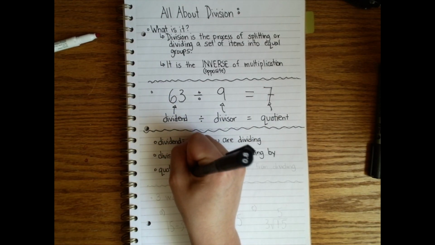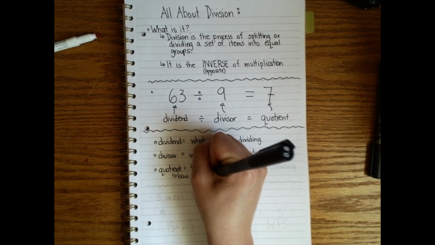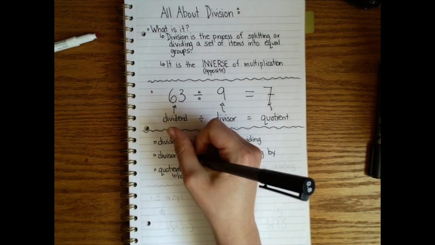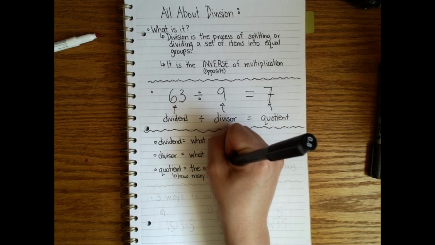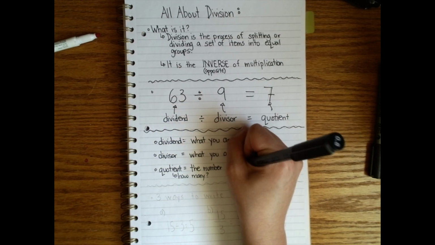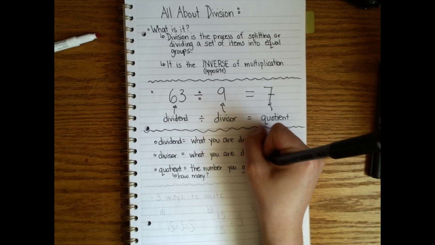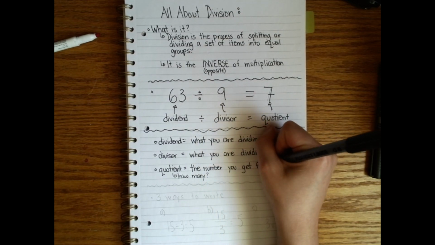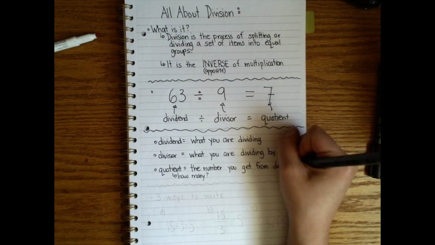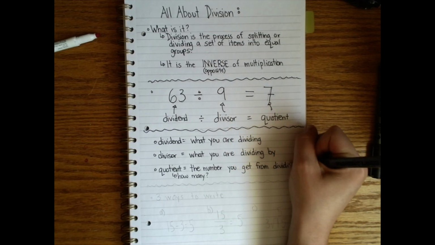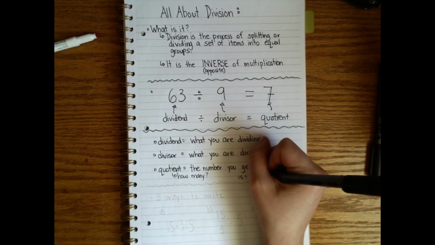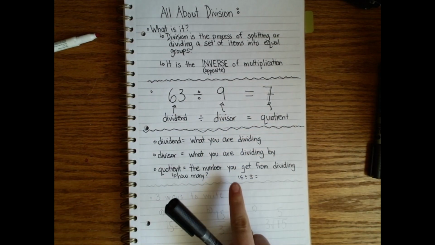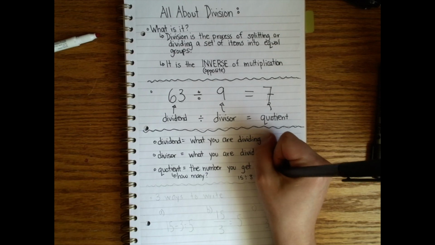The quotient is the number you get from dividing. So if I were to take those 15 oranges and divide them amongst those 3 people, how many would each person get? 15 divided by 3 would equal 5. Each person would get 5 oranges.